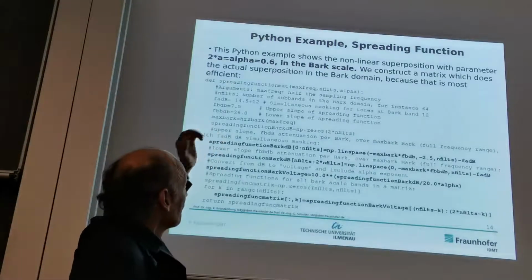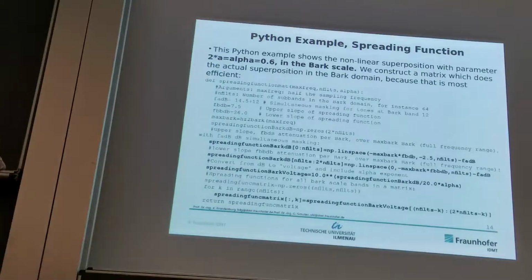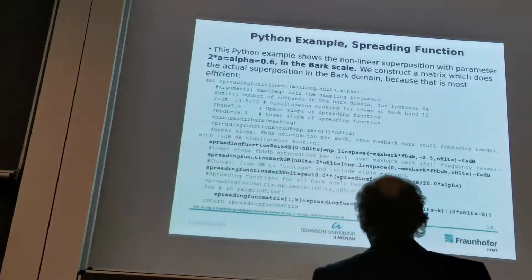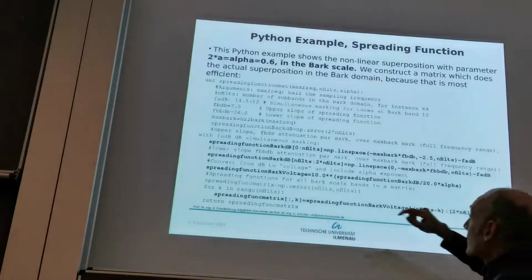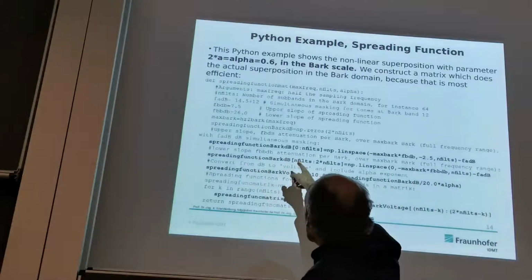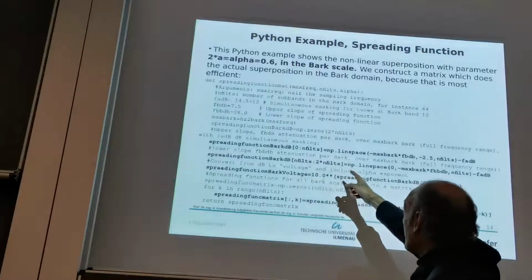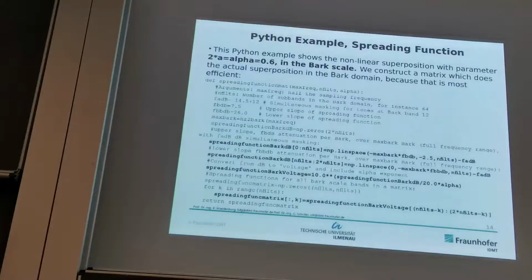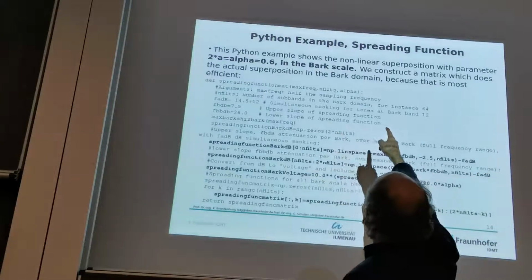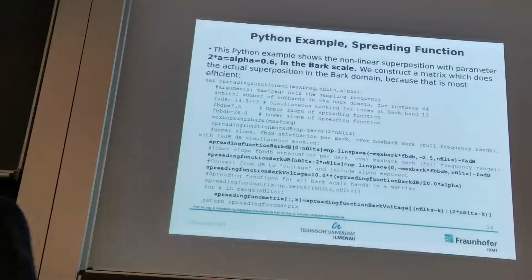Yeah, so this is our function which does the spreading function computation. Here I highlighted the most important parts. So here I have the spreading function in Bark and dB. Here 0 going to N fills. N fills is the number of subbands in the Bark domain. You can see here in the beginning I give a definition: N fills, number of subbands in the Bark domain. For instance, 64.